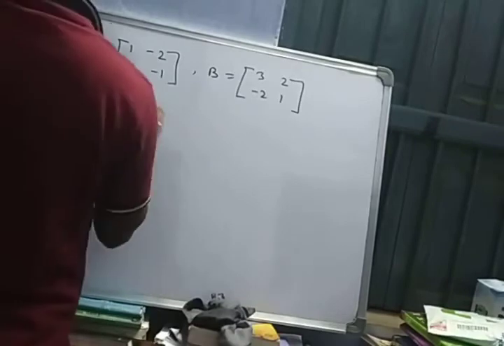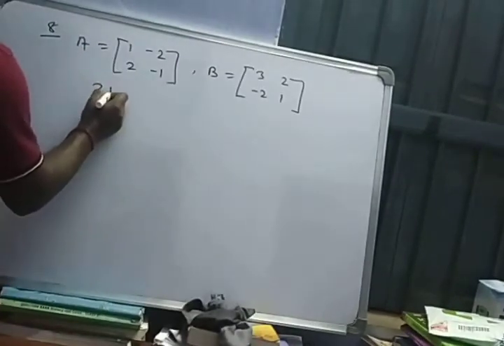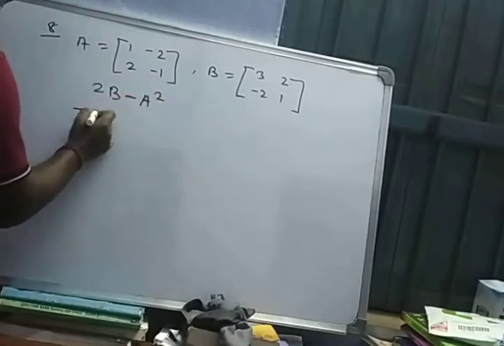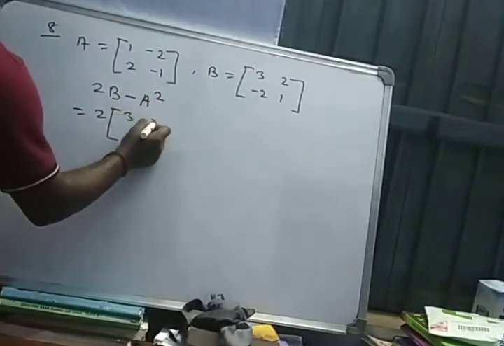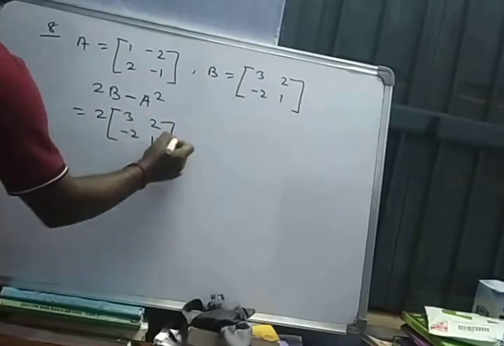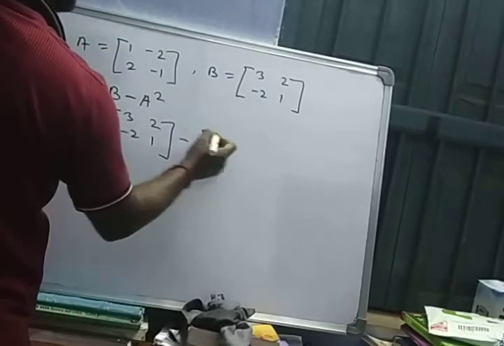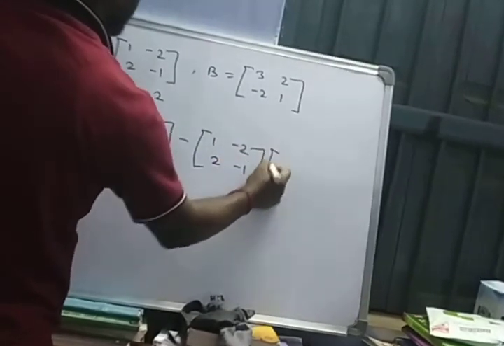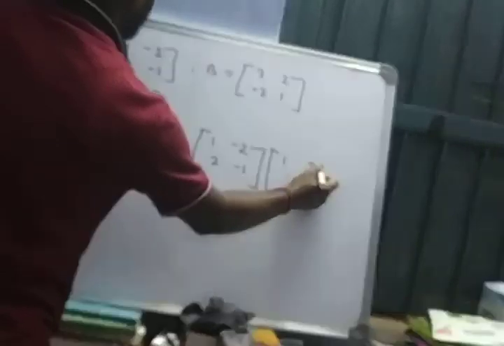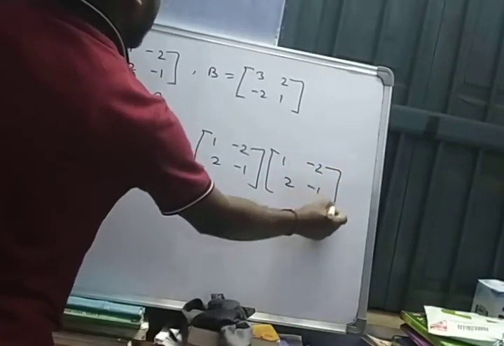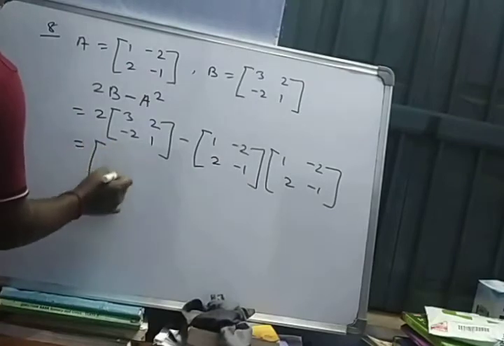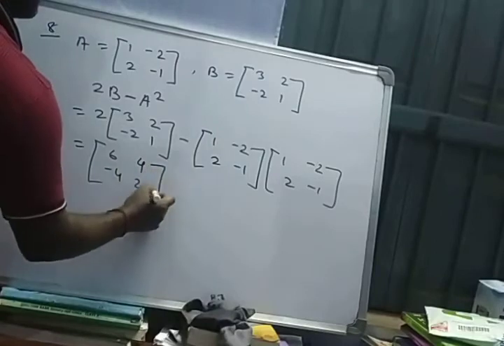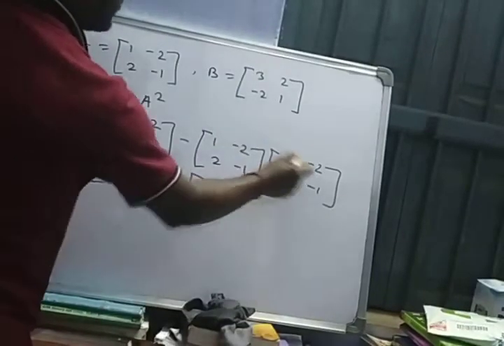Then find 2B minus A square. 2B minus A square equals 2 into 3, 2, minus 2, 1, minus A square, which is 1, minus 2, 2, minus 1 and 1, minus 2, 2, minus 1. Then 6, 4, minus 4, 2, minus A square, which you have to multiply.